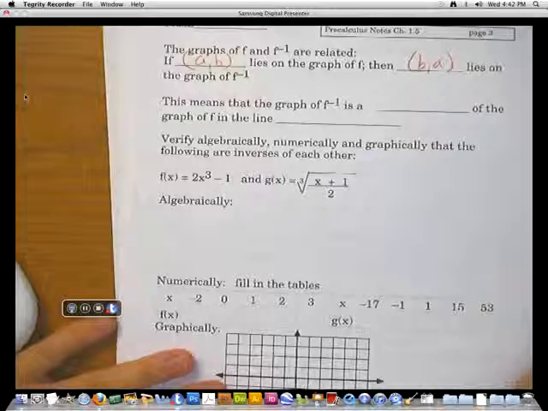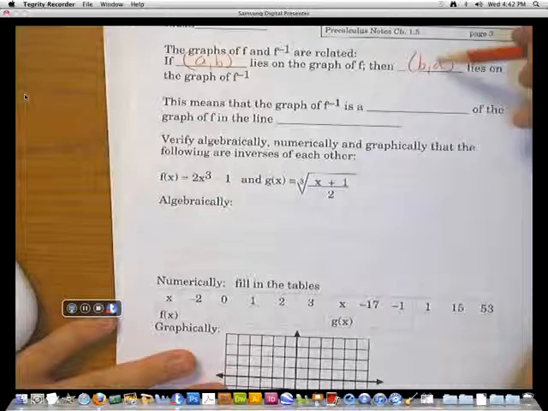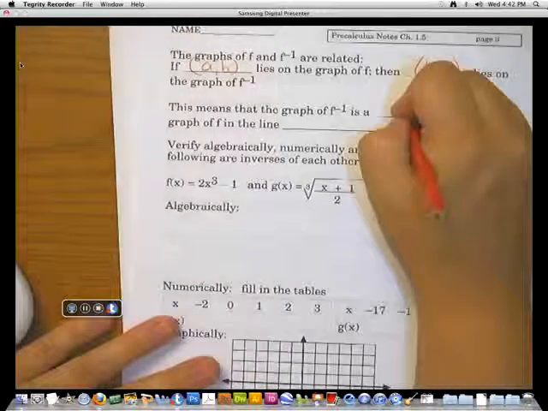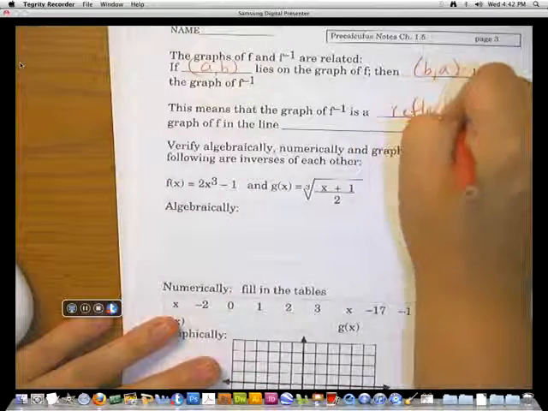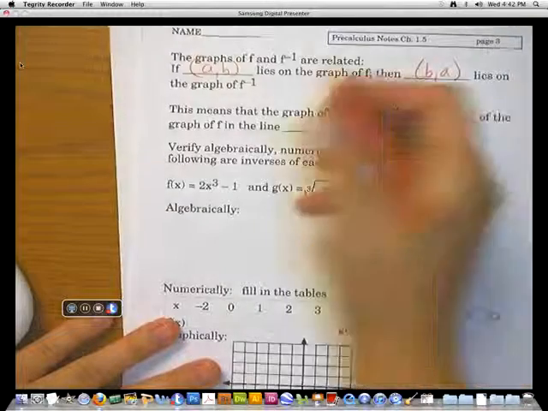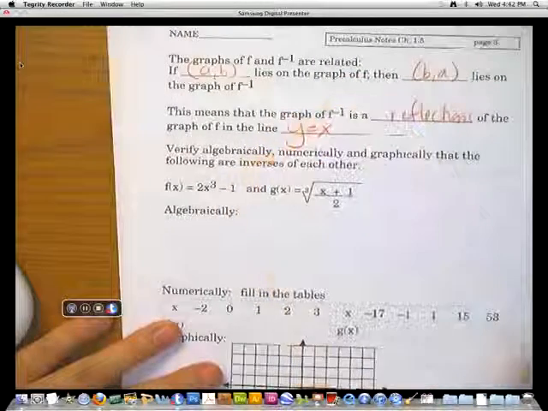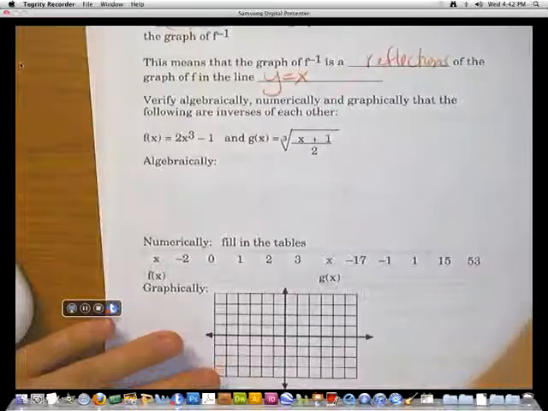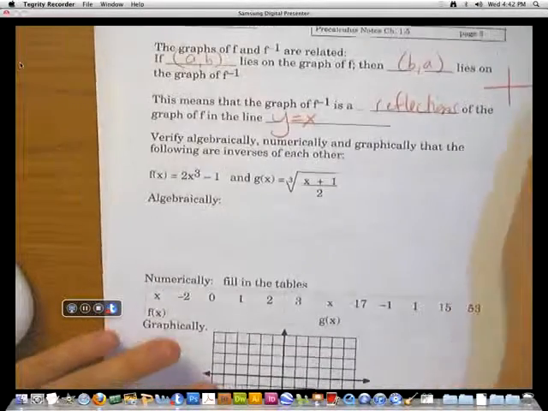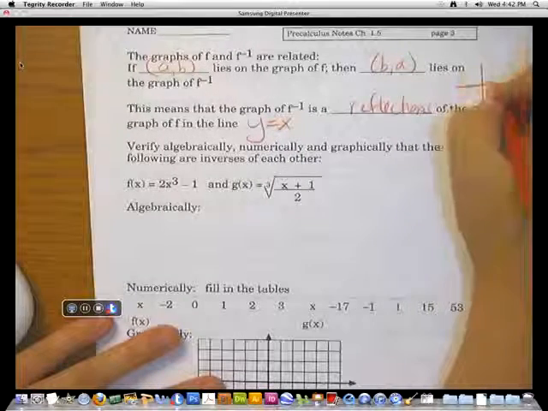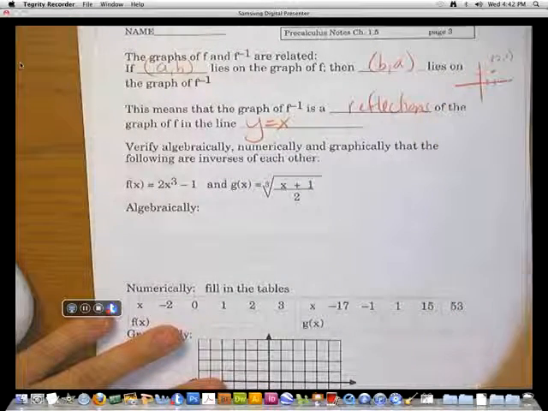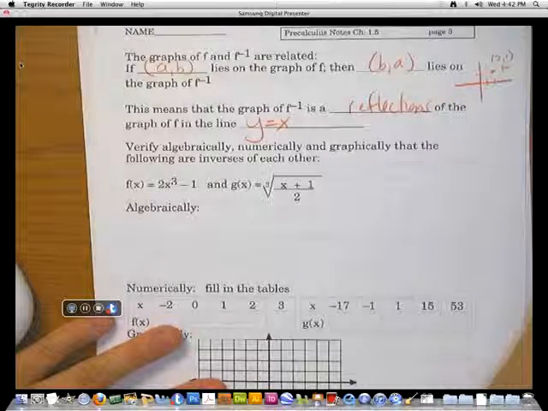So what that means is if (a, b) is on f and (b, a) is on the inverse, then these are going to actually be reflections. The function and the inverse are going to be reflections of each other over the line y equals x. And just very quickly, to look at a very simplistic version, let's say you have the point (2, 1), and that's your function.